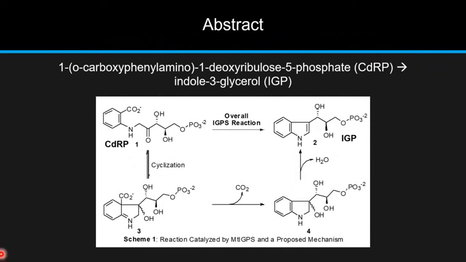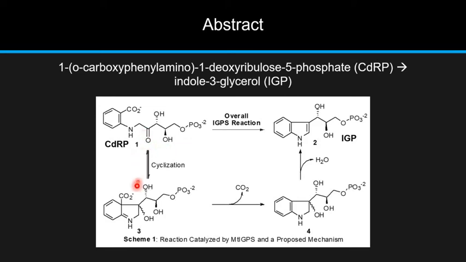The IGPS enzyme catalyzes the conversion of CdRP to IgP in the tryptophan biosynthetic pathway in bacterial organisms. On top, we see the overall reaction, and here we see a proposed mechanism.